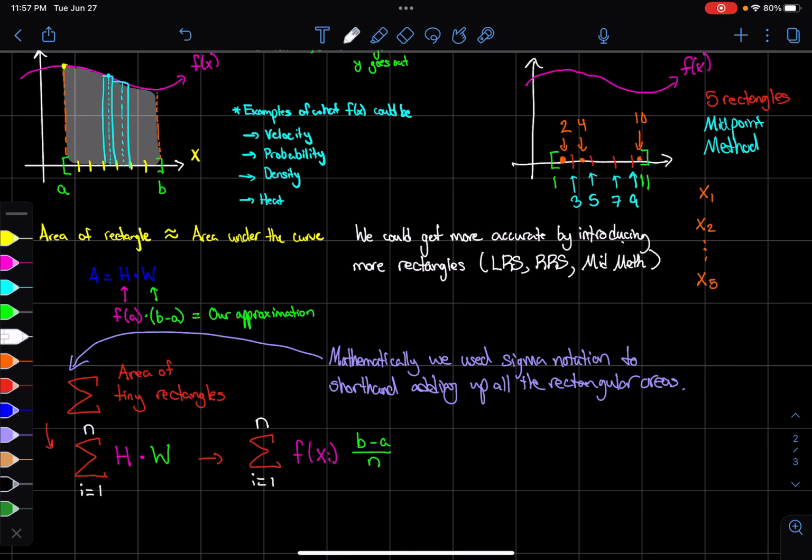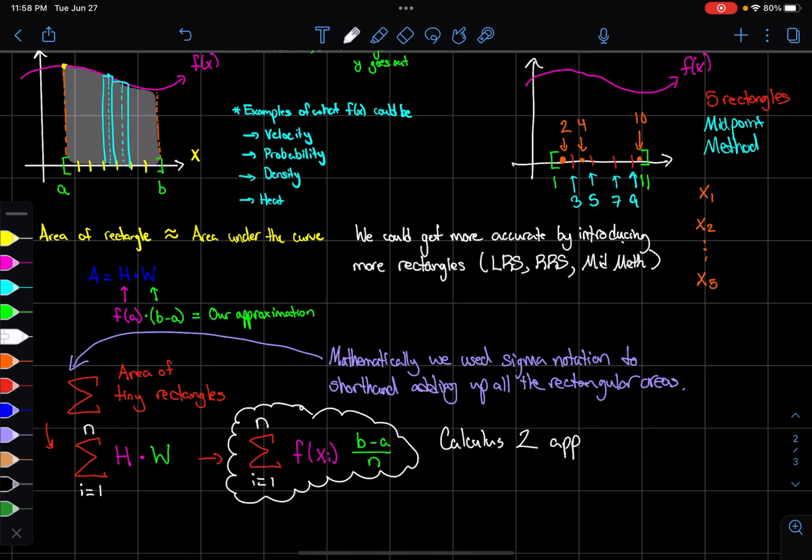And this right here from Calculus 2 was how we very roughly started talking about how to come up with an educated guess of adding up all of these rectangles to approximate the area under the curve. Okay, so this was our Calculus 2 approximation.